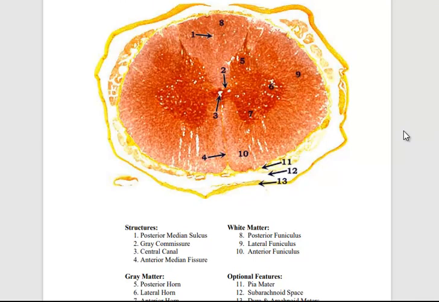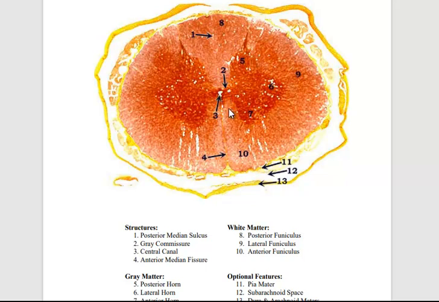Here's another slice. This one happens to have the outer covering over it. So you can see the dura mater, and then directly under the dura mater is the arachnoid mater, and then 12 is your subarachnoid space. 11 is your loving mother, the pia mater.